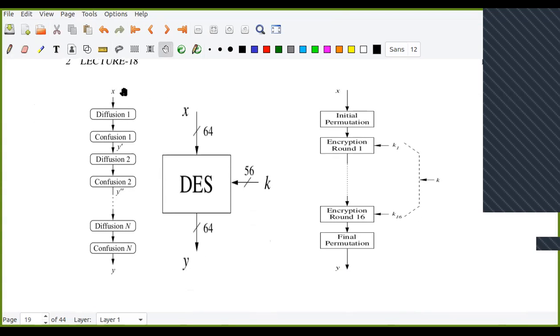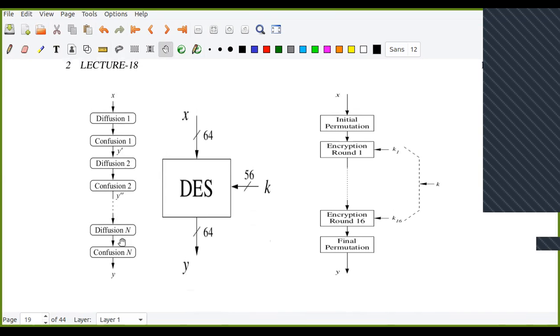So we have a plain text X and the ciphertext Y. In between: diffusion, confusion, diffusion, confusion, like that. We'll do it n times. Then for any adversary, it is very difficult to find X from Y. In particular, in DES the plain text block size is 64, the key size is 56, and the output Y is 64.